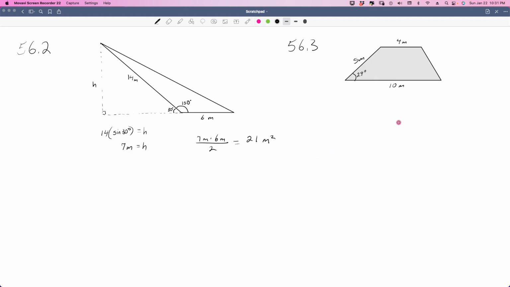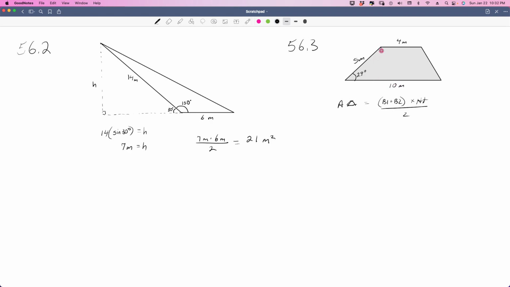So we know that the area of this trapezoid is going to be base 1 plus base 2 times the height divided by 2. So that is what we are going to do. We are going to find the height. We have base 1, we have base 2, but we need to find the height.